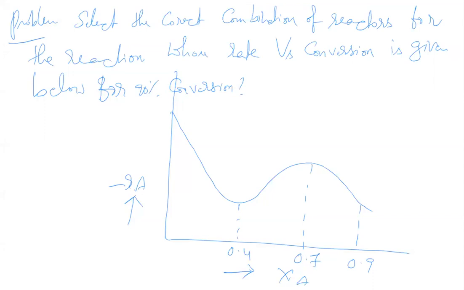Somebody is saying CSTR followed by PFR followed by CSTR. Somebody is saying PFR followed by CSTR followed by PFR. I'm getting both the answers. Just think about this one.